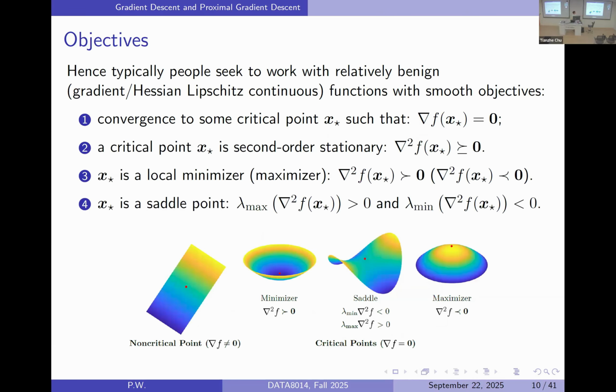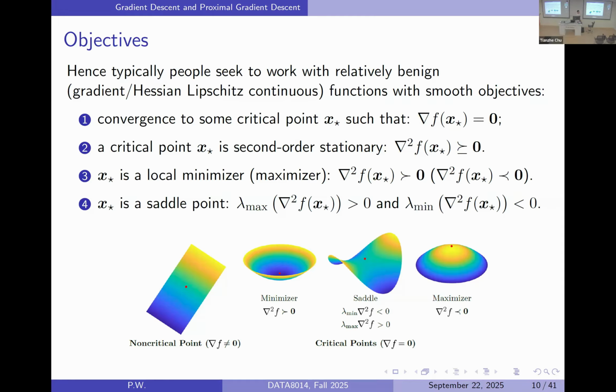Well, and then we can further introduce other different types of critical points. The first and second we defined on the previous slide, right? The third kind of critical point is a local minimizer or local maximizer.